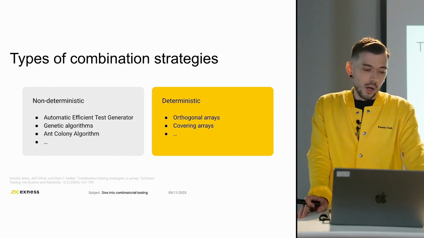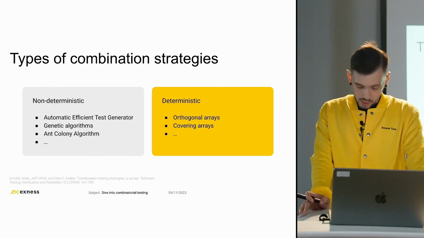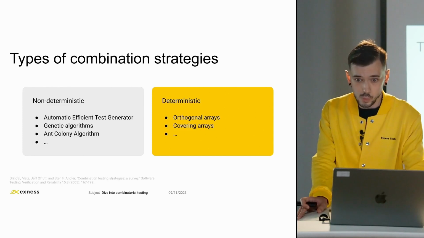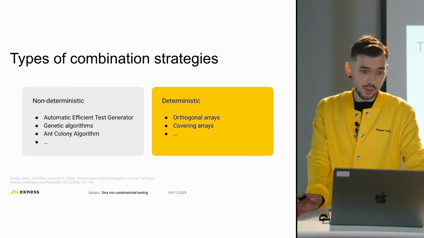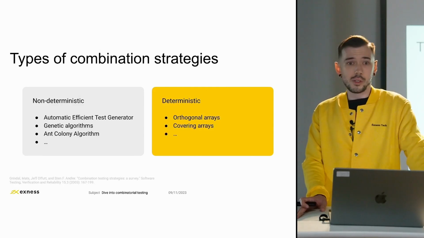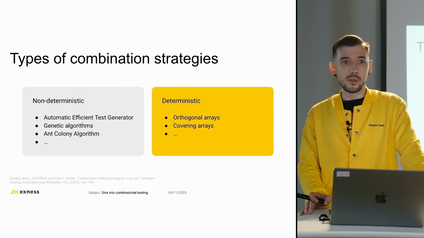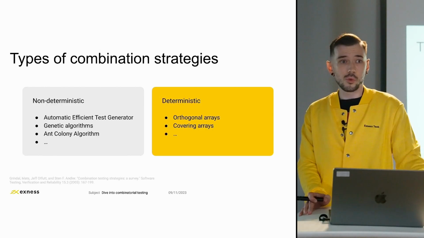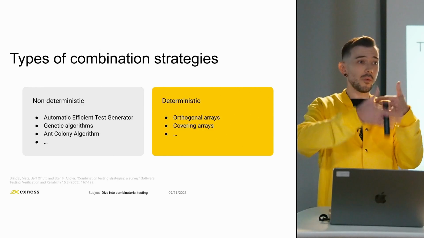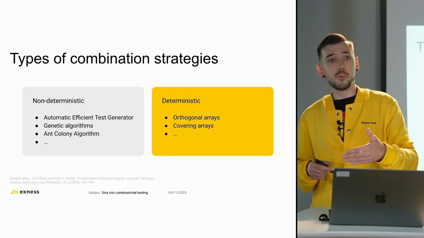They are iterable and non-iterable. Non-iterable ones obviously create a suite in a single iteration, and the iterable ones run several times to get the suite. So this is where you can again stop your testing somewhere in the middle.